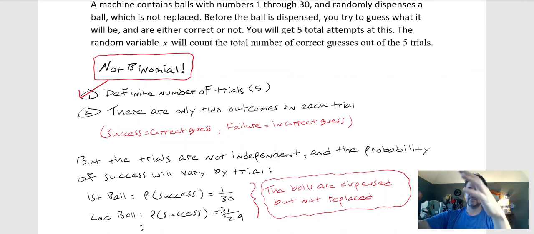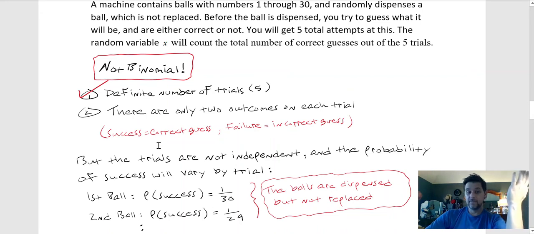You make another guess, it spits out the next one, you're either right or wrong. And there are only 2 outcomes on each trial. You're guessing and you're either correct or not, so we could say success was correct and failure was incorrect. So it satisfies that aspect too.